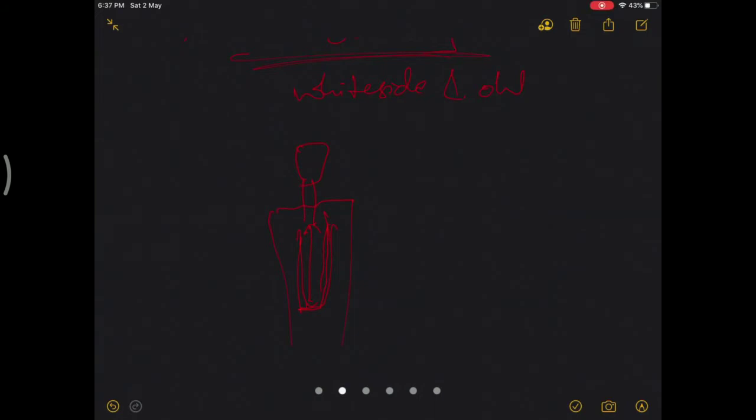You will take a saw, you will saw it out for around 8 to 10 centimeters, and you release all the adhesions that are there, and you just subluxate the patella on the lateral side. Okay, so this is one way in which you can. This is medial side, this is lateral side.